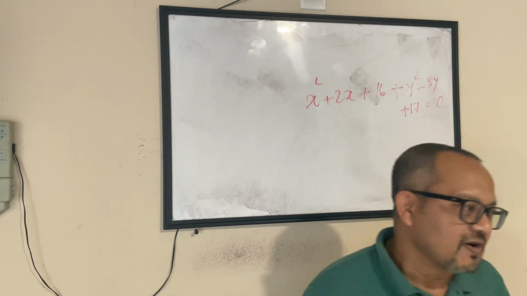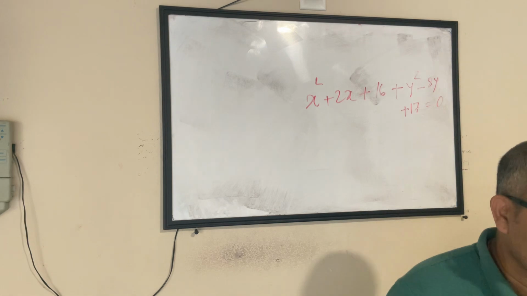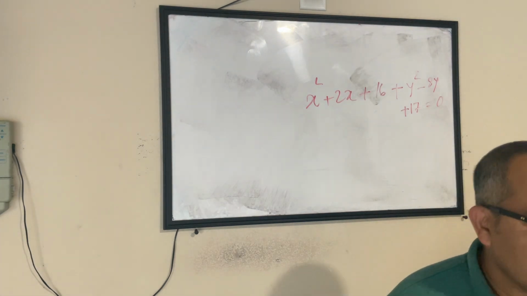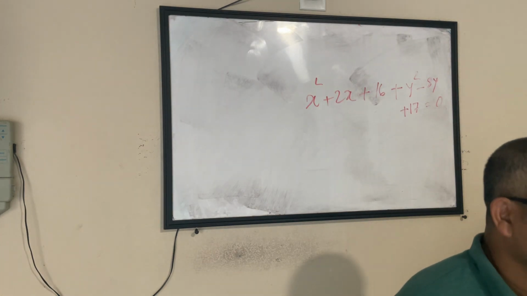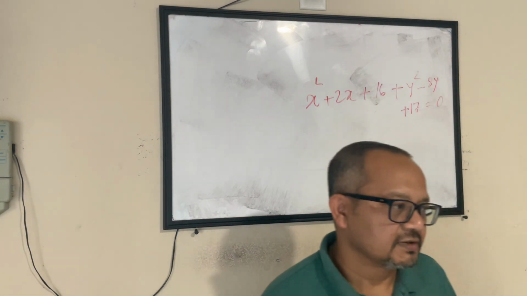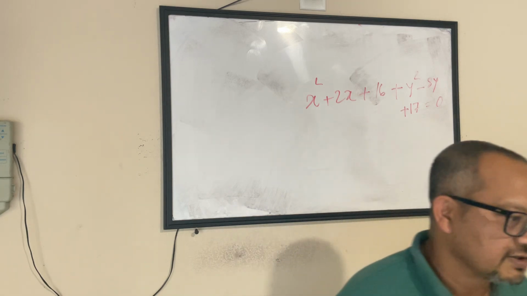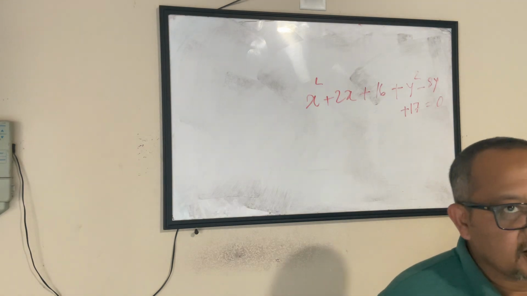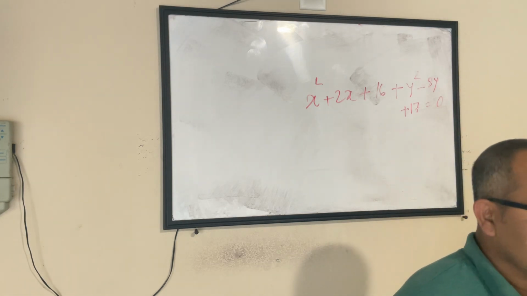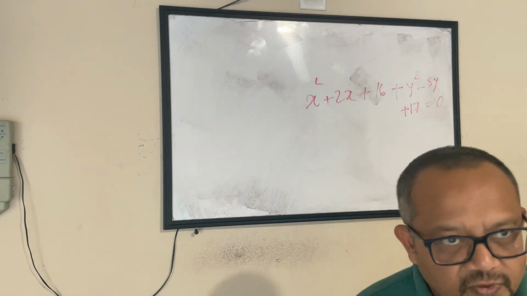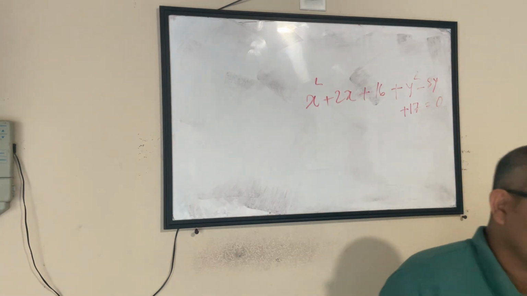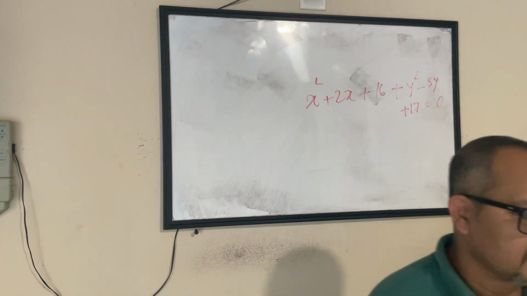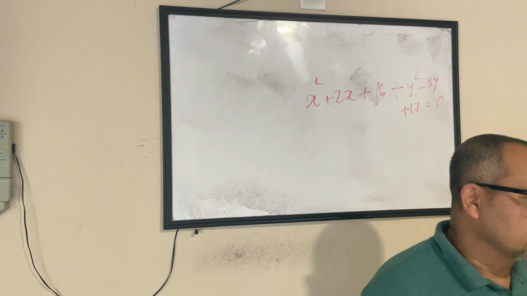Yeah, till 15, okay? 14 5s are 70. 6 9s are 54. 9 9s are 81. 7 9s are 63. 12 8s are 96. 13 5s are 65. 12 8s are 96. 14 5s are 70. 14 8s are 112. Good job.